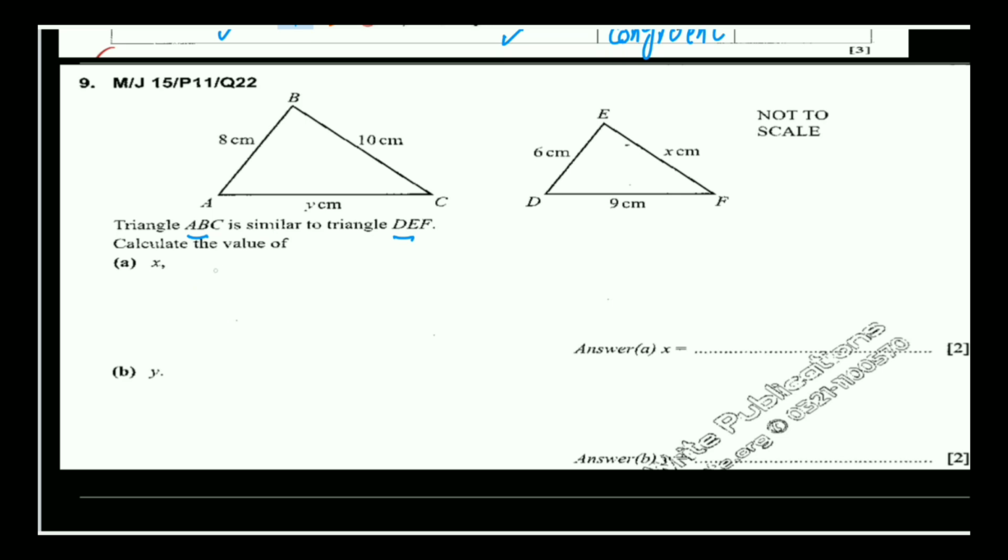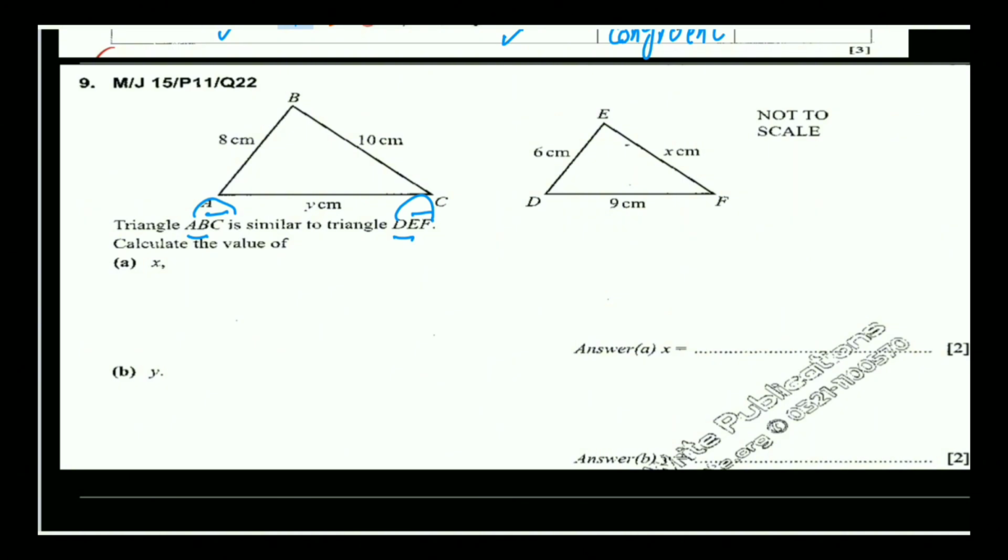So here you have to check with the names. So AB is congruent to DE, BC is congruent to EF, and AC is congruent to DF. First and last name will be congruent to first and last name of the other triangle. First two names will be congruent to first two names of the other triangle, and last two names will be congruent to last two names of the other triangle.